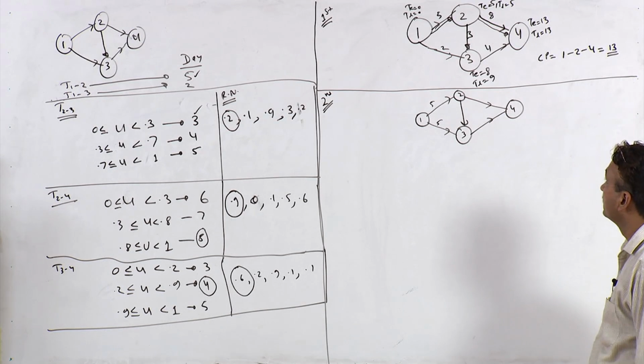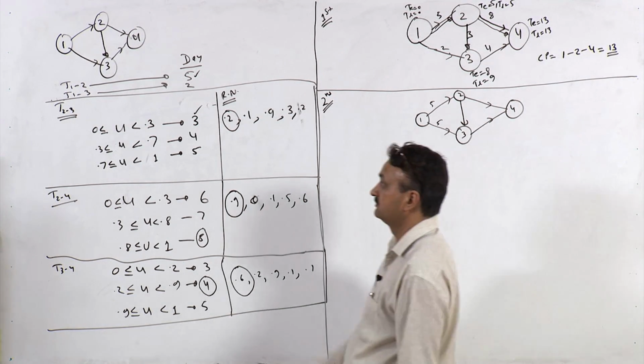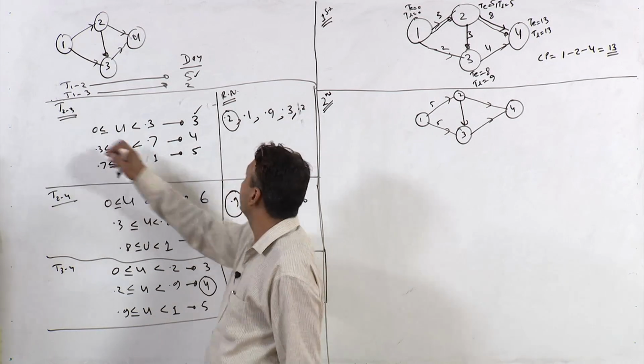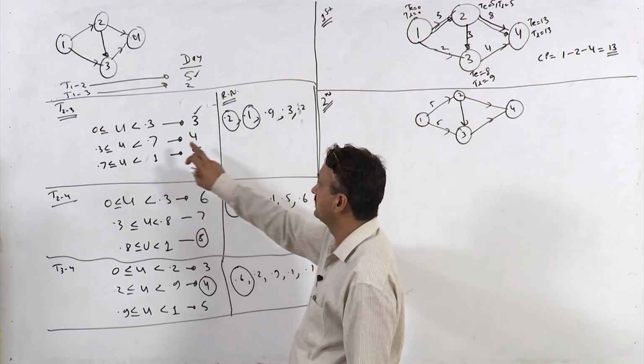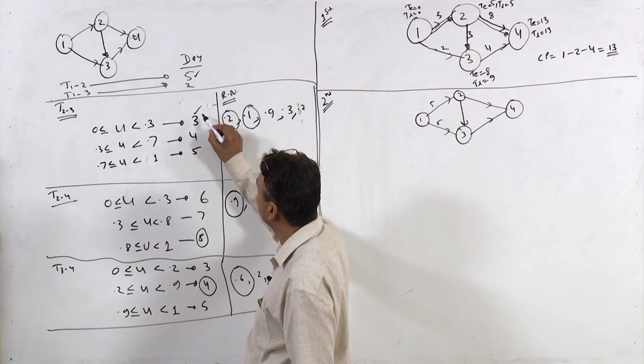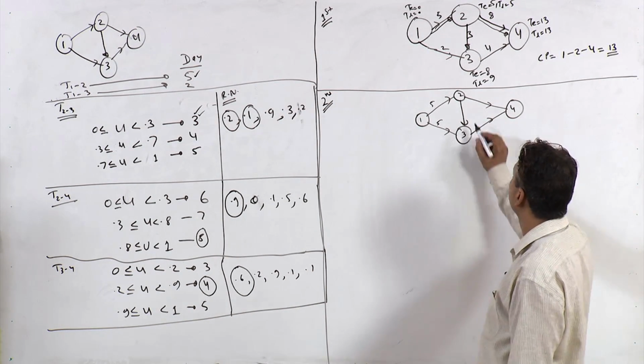Now let us look at activity 2-3. Its random number is 0.1. 0.1 is in this range, so the duration would again be 3 for activity 2-3.